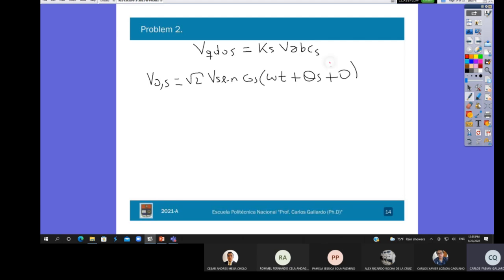This is the stator voltage, and because I am working at steady state conditions, this time is 0.